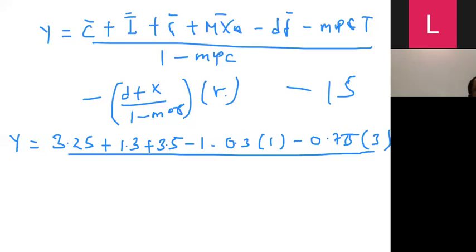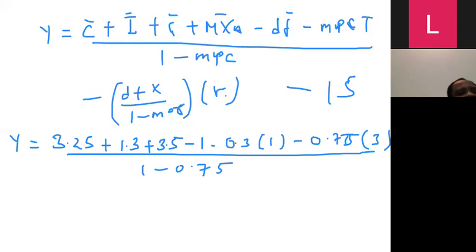So this is only for the first component, right? After that, I'll come to the second. So let's look at the first component. I'm going to have 3.25 plus 1.3 plus 3.5 minus 1 minus 0.3 into brackets 1 minus 0.75 into bracket 3, right?